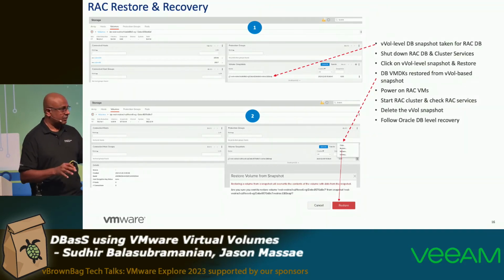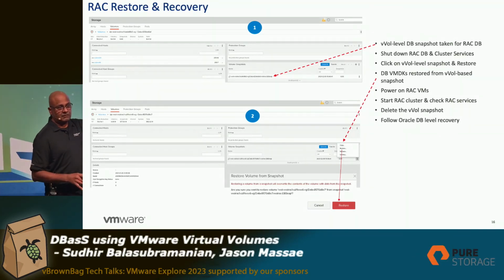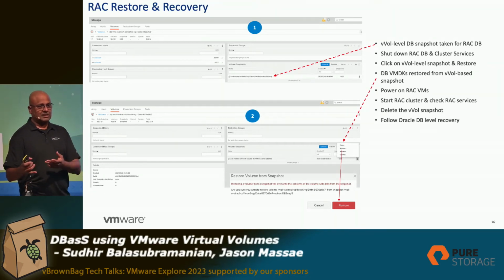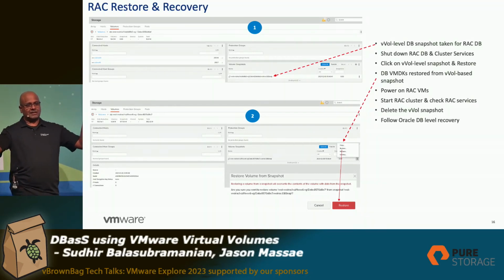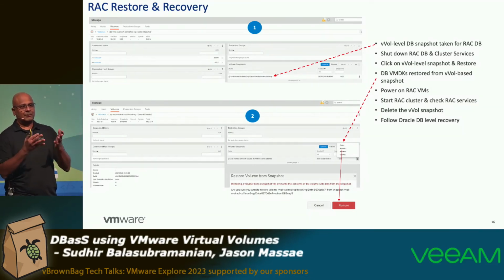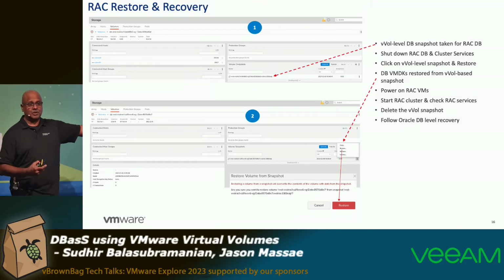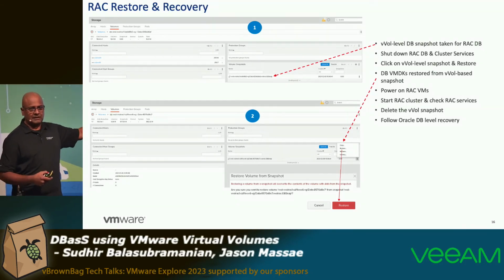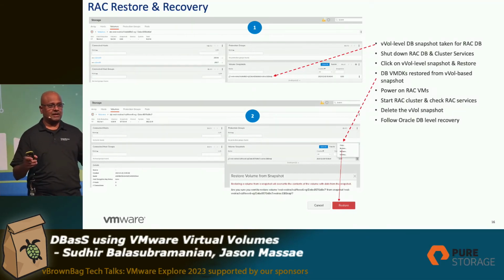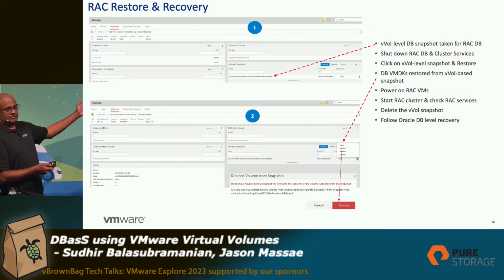Shut the Oracle RAC down. Restore from that vVOL snapshot, it takes an instant. It's seconds. Once the restore happens, start the cluster back up. You're up. Your RTO, your RPO, everything, you're able to meet the business SLAs. This helps you meet business SLAs. It helps you overcome those operational inefficiencies, and you don't have to live with RDMs. So essentially, it's like a Swiss Army knife.